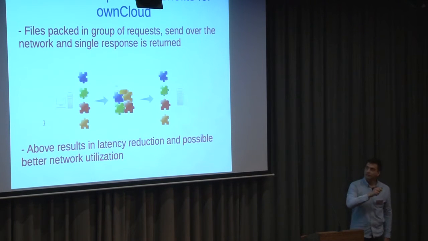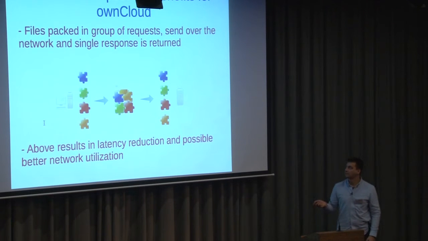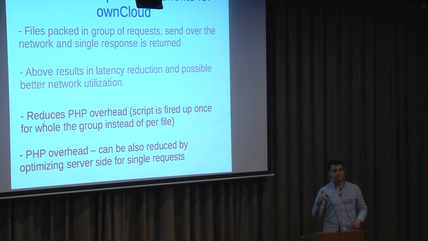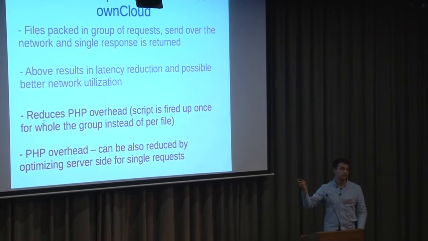In the case of bundling, we pack files as a group of requests sent over the network, and a single response is returned, so we cheat the latency again. This also reduces PHP overhead, since we send the batch of files directly for processing, not triggering it each time. So instead of sending 1,000 requests, for example, we send just one.